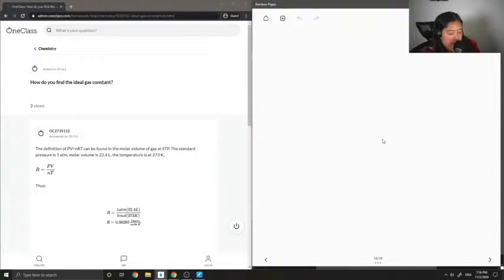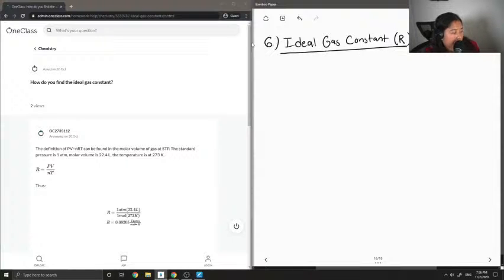Okay, so now we can do question number 6. How do you find the ideal gas constant? The ideal gas constant is denoted as R. The way I'm going to try to find the constant is by using the ideal gas law, PV equals nRT.